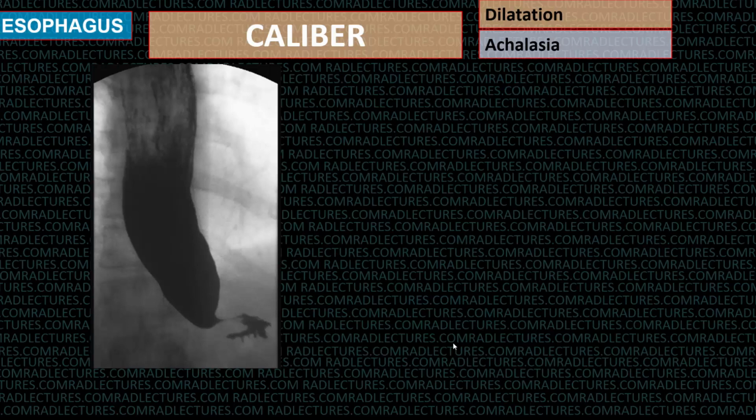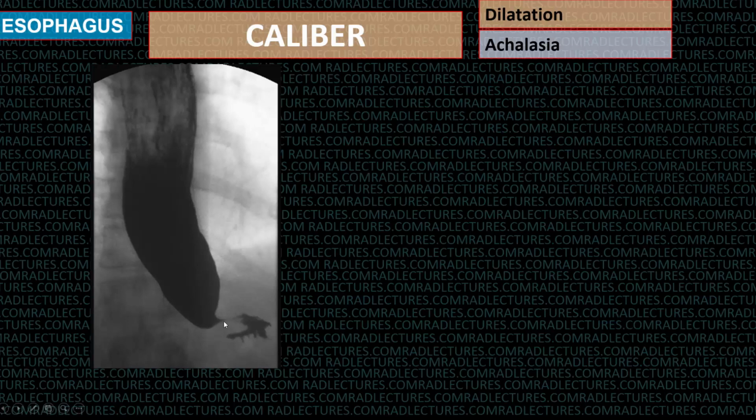Now, another thing that needs to be separated from achalasia. Achalasia normally is a primary achalasia. The pathology is that the ganglion layer in the esophagus is absent, so there is a spasm, kind of an increased resistance of the lower esophageal sphincter.